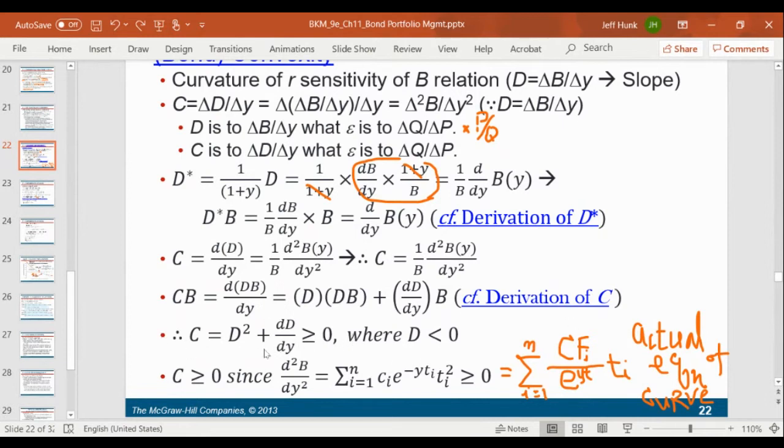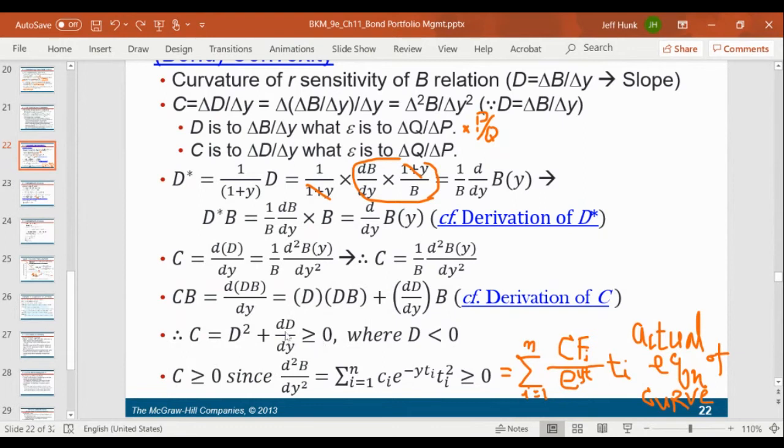And what I want to point out here is that this eventually becomes duration squared plus the first derivative of duration, and which is always greater than or equal to 0.